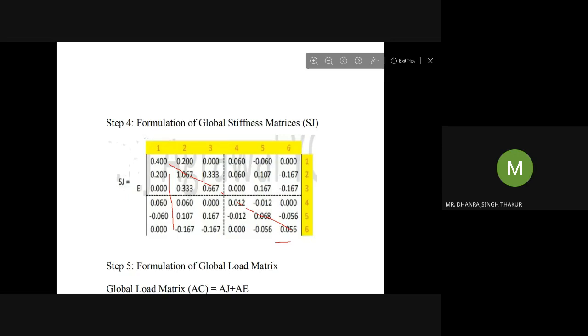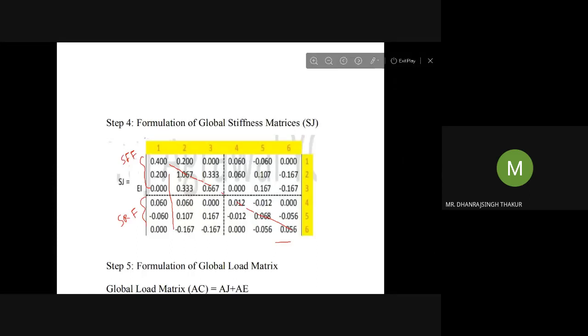So this will be your SFF matrix, and this will be your SRF matrix. These two matrices will be useful for finding out the values of the displacement and the support reactions. So this is the step 4 we have completed now.